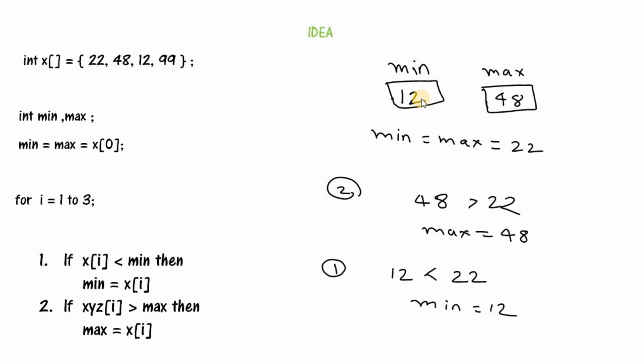Now in the third iteration of the for loop, we simply compare 99 with the new minimum and new maximum element. 99 is not less than 12, but 99 is greater than 48, right? We can say that the new max element is 99.